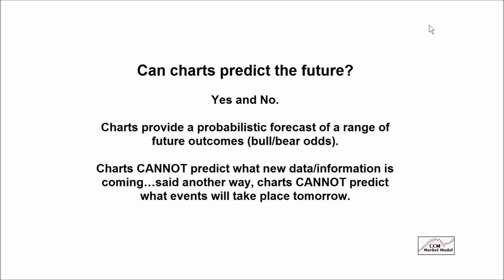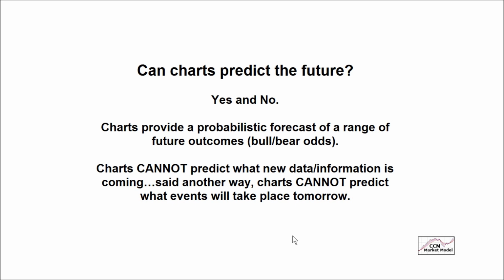When the slope of the line is up, it's telling us that the odds of good things happening are favorable. When the slope of the line is down, it's telling us that the net aggregate opinion is bearish and the odds are unfavorable.